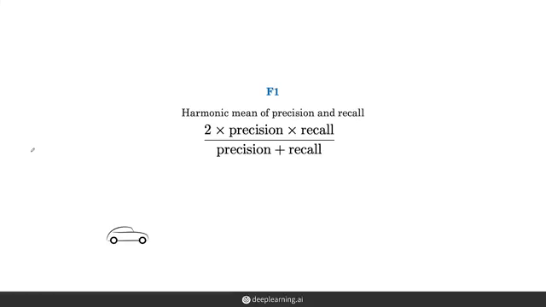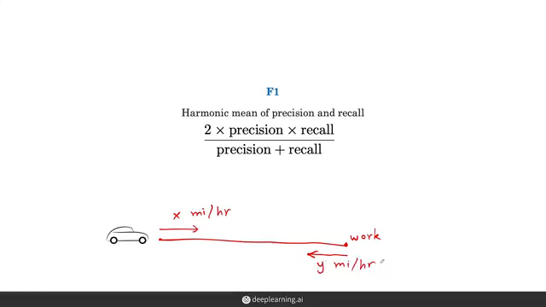Here's one way to think about it. Let's say you use your car to go from home to work, and you travel at a speed of x miles per hour. In the evening, you return the same distance, but this time with a speed of y miles per hour.